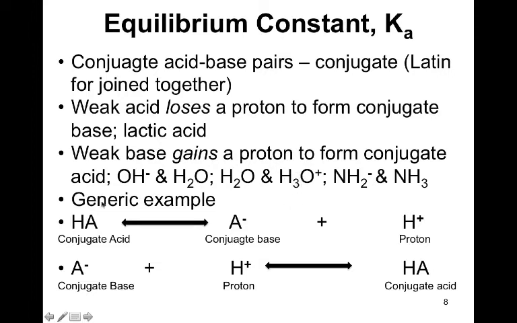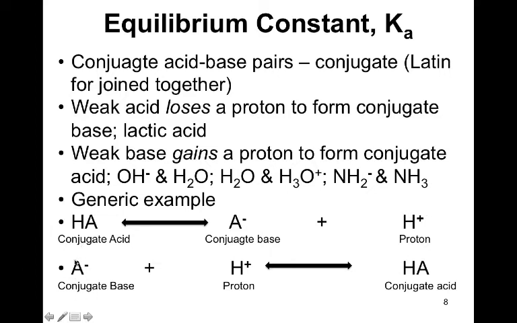Okay, if I were to give you a generic example, if HA is the conjugate acid, where H is the proton that makes it the acid, because acids, remember, are proton donors, upon dissociation, the conjugate acid HA is going to yield an anion, which is the conjugate base of this conjugate acid, and a proton.